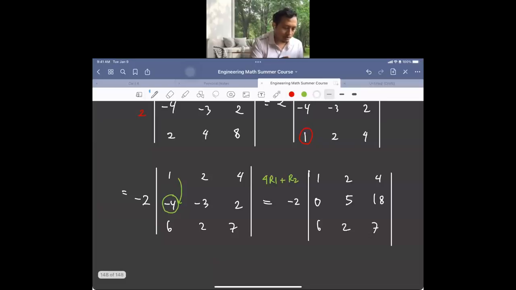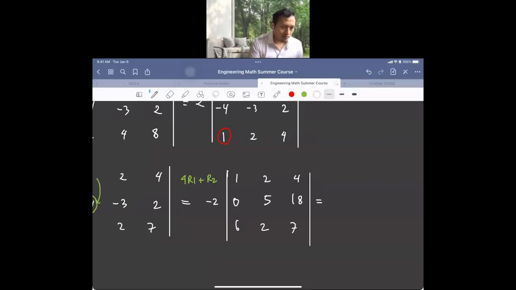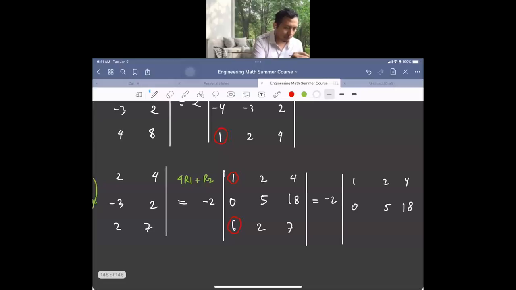Then I will make this 6 with 1 subtract to become 0. So let me write this: 1, 2, 4, 0, 5, 18.